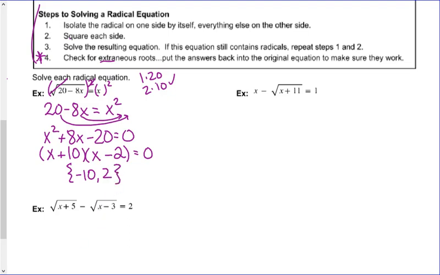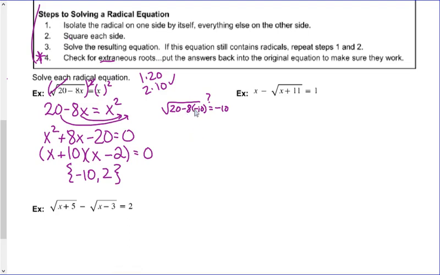Now these are our possible solutions. We have to now throw them back in to double check to make sure that they work inside my original equation. So you can just do a little small check over here if you want. If I do the square root of 20 minus 8 times a negative 10, is that equal to, throwing negative 10 in for x, is that equal to negative 10? That's the question.